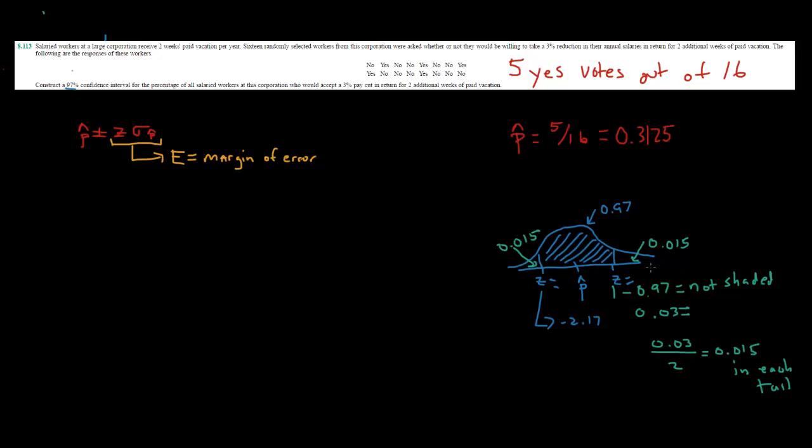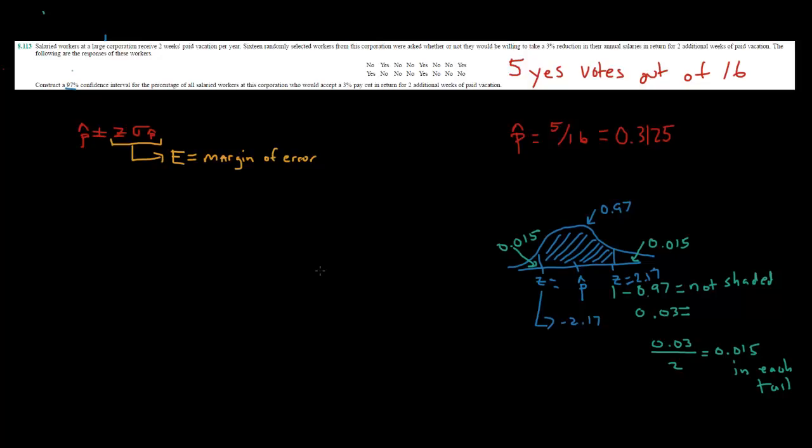If you know the area to the left of this z value is 0.985, and you look that up to find the corresponding z, you're going to get positive 2.17. As far as the z value that corresponds to a 97% confidence level, we pick the positive one, because otherwise your margin of error would look negative, and margin of error is a distance, so we want the positive one.